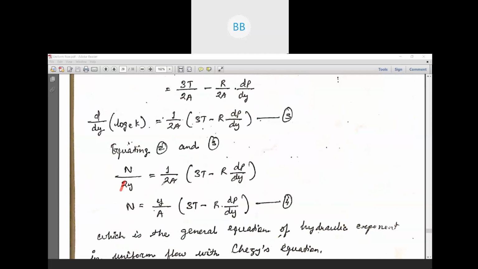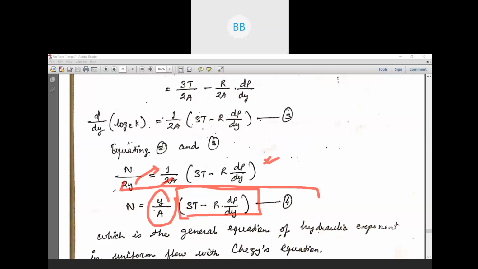This 2 and this 2 will be cancelled out. N is equal to y by A, and this will be the same as the equation, it will remain the same: 3T minus R dP by dy.